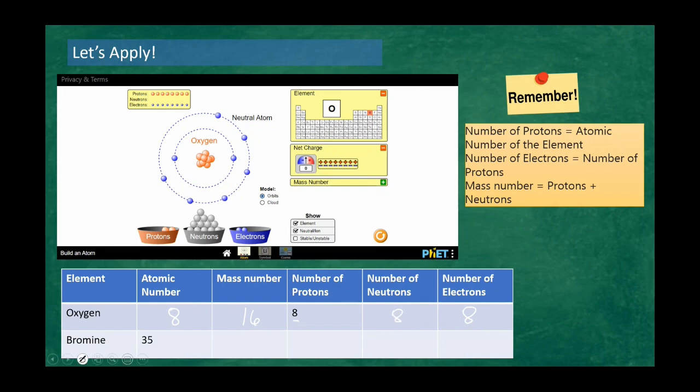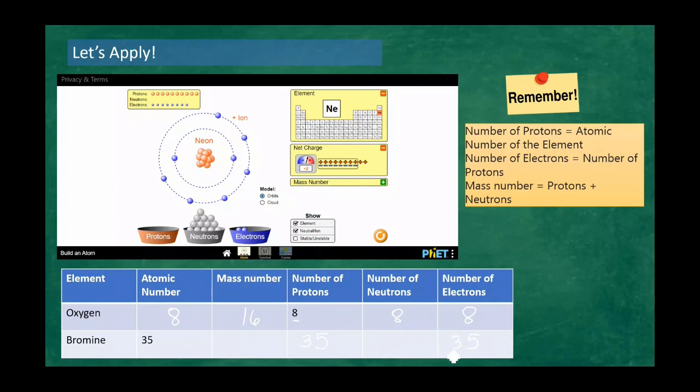Now, let's try bromine. So, this is a lot of protons and neutrons, so I will not add them all. I'll try. Okay, it is until neon. So 35, and this is also equal to 35 protons, and the number of protons is also equal to electrons.